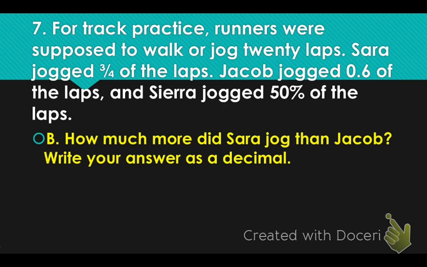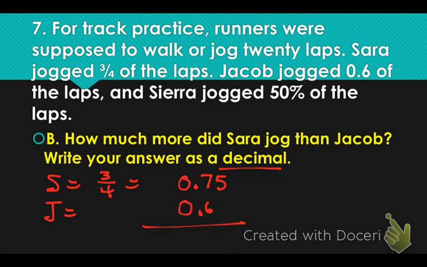How much more did Sarah jog than Jacob? And write your answer as a decimal. All right, so Sarah, she jogged 3/4. Again, that is 75 hundredths. And Jacob, he jogged 6/10, which is already a decimal. We want to know how much more Sarah jogged than Jacob, so we're going to subtract.